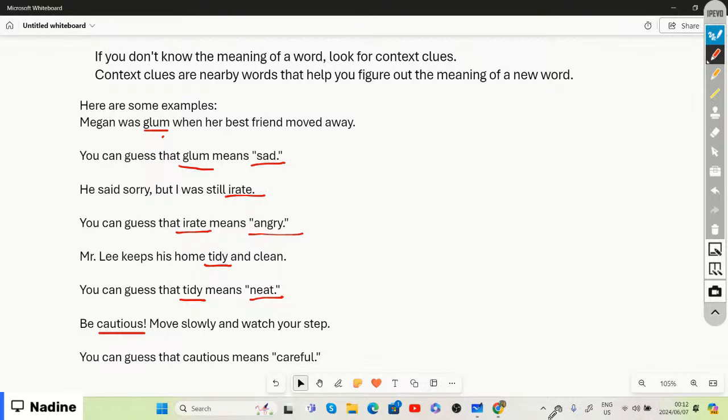So be cautious, move slowly, and watch your step. And the word cautious means that you need to be careful, especially when they say move slowly and watch your step. So be careful, watch your step, and move slowly.